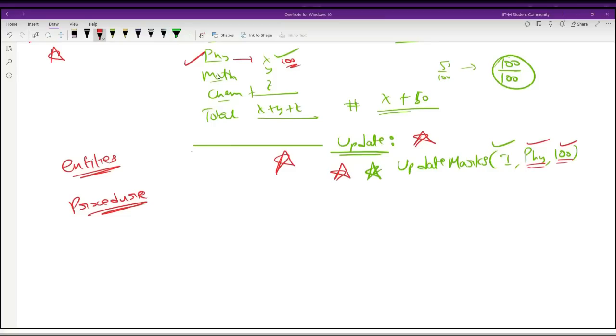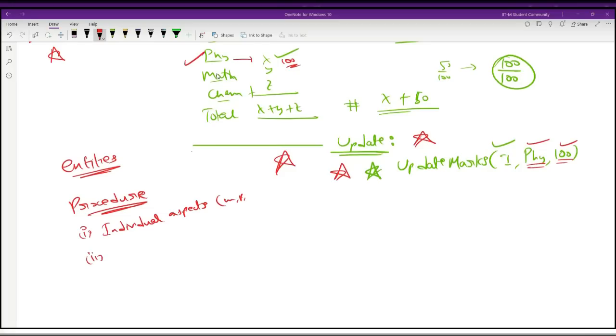The first point is what? Can someone please tell me again? I told you 4 points right now. The first application of procedure: we can find out, or we can access, individual aspects like math mark, physics mark, chemistry mark.